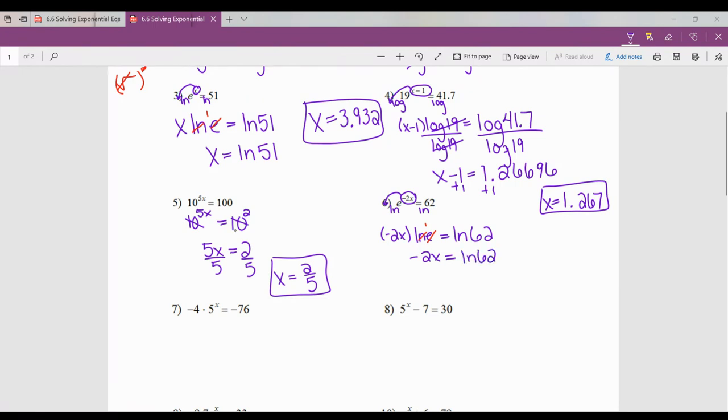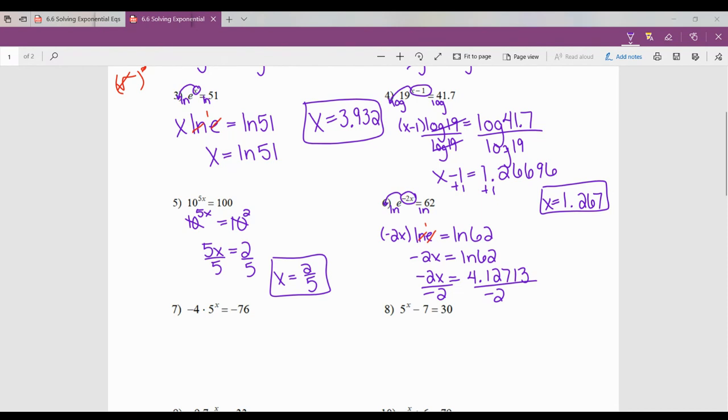All right, so now we're going to do ln of 62. And that becomes negative 2x equals 4.12713. Remember, we're not rounding until the end. Last step, divide by negative 2. So in my calculator, I'm going to divide by negative 2.